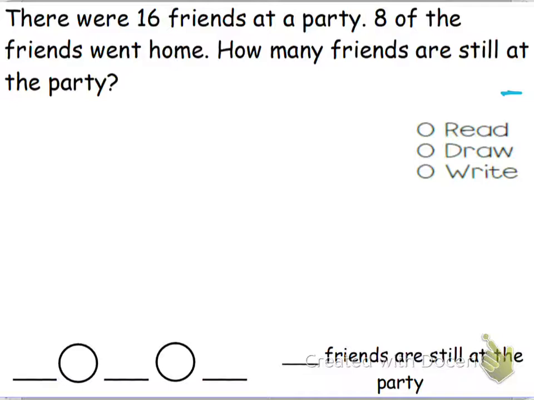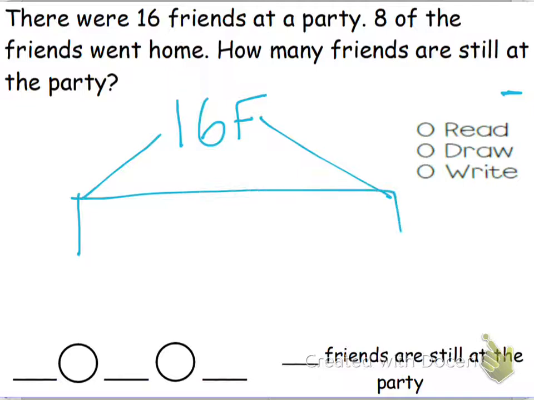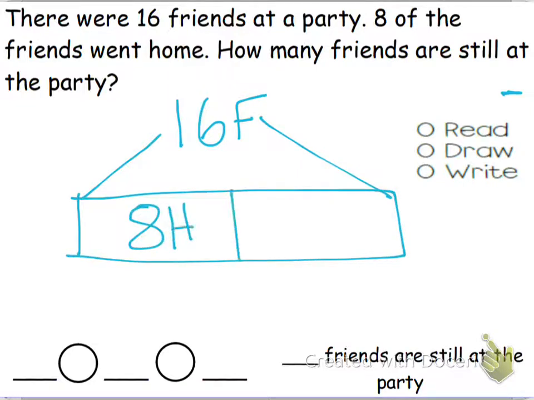Well, we know that we're subtracting, meaning that 16 is our whole. So then there were 16 friends at the party. 8 of the friends went home. So we know that out of these 16, 8 of the friends went home. We have to figure out how many are still at the party.